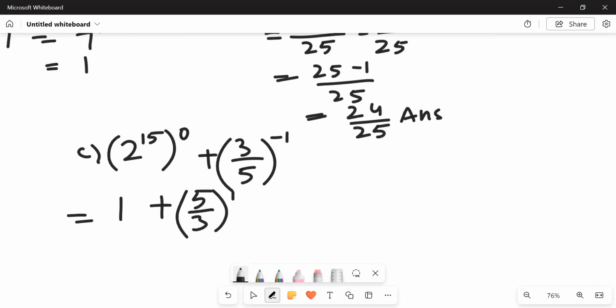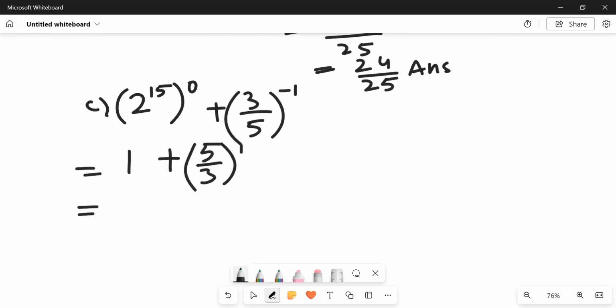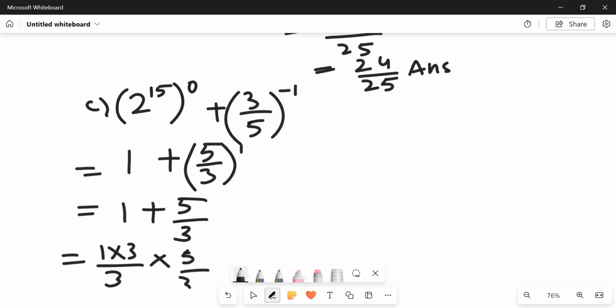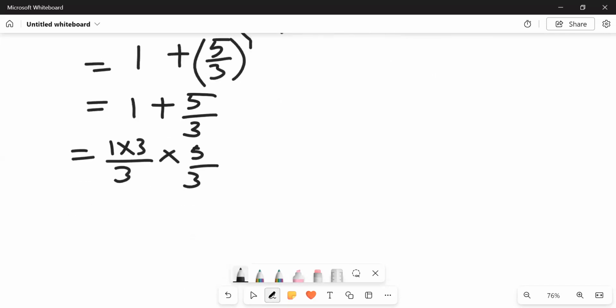So now here this one will be 1 plus 5 over 3, and here we will multiply with 3 and 3. This one is plus here. So 5 over 3. Now this is 8.